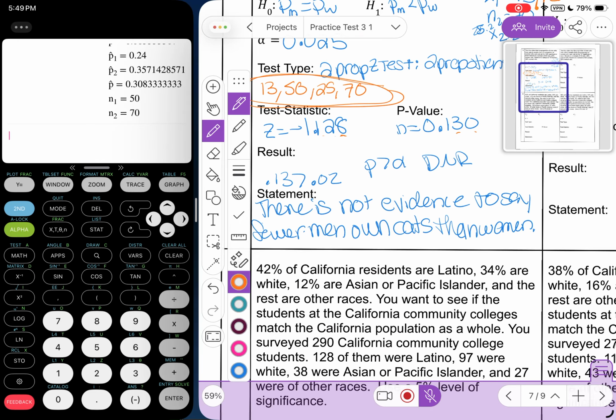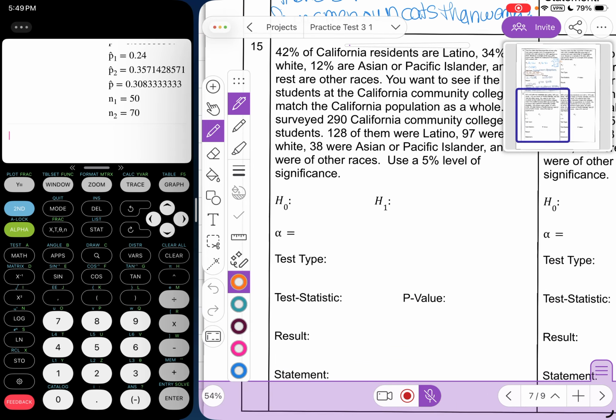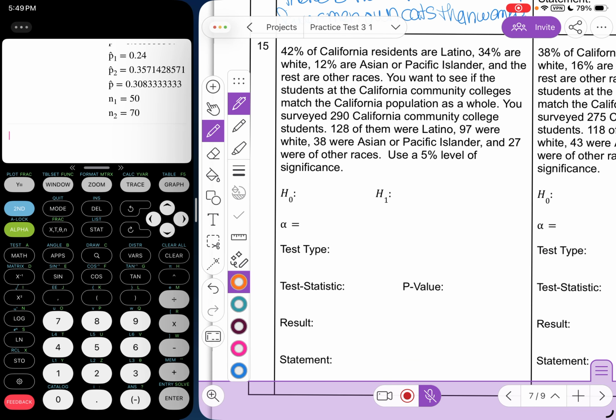All right. Let's see here. 42% of California residents are Latino. 34% are white. 12% are Asian or Pacific Islander, and the rest are other races.